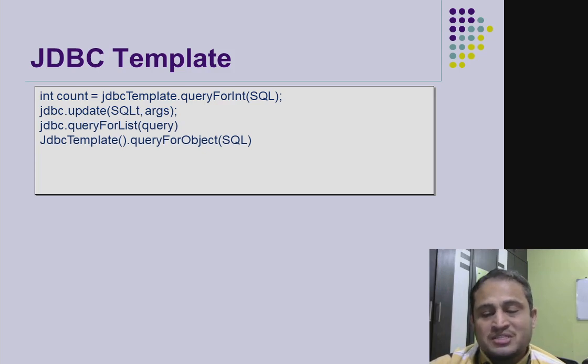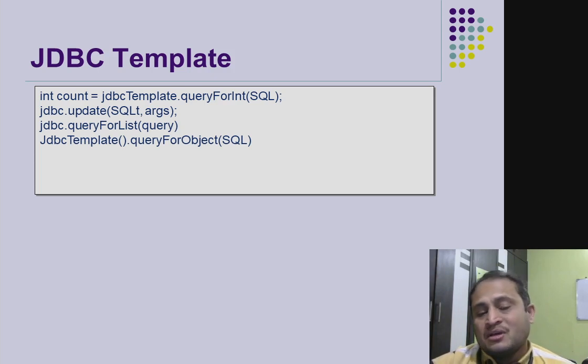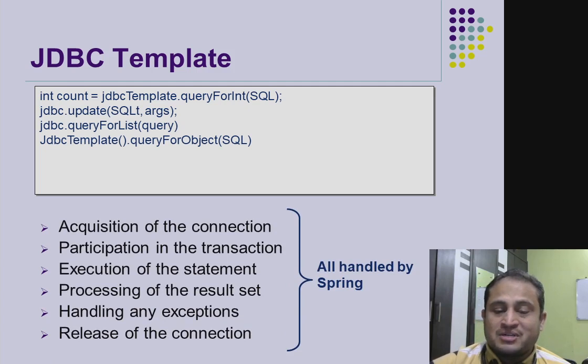Very simple methods, no exception handling, no resource management. Spring JDBC wraps all these things and gives you the JDBC template. Whatever I have shown, the acquisition of connections, participation in transaction management, statements, result sets, exception handling, the release and closing of connections, everything will be handled by Spring. That is the beauty of Spring JDBC.